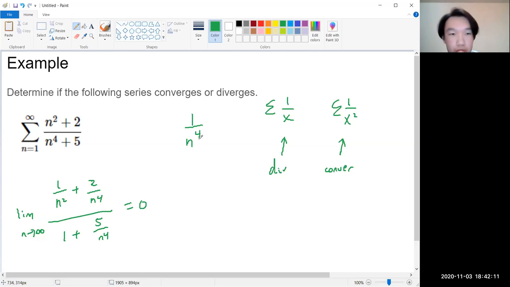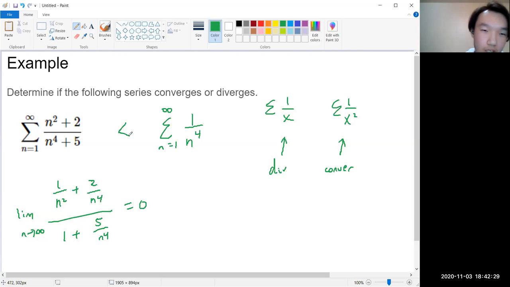Yeah. Okay, and then what would be your inequality sign? Less than?